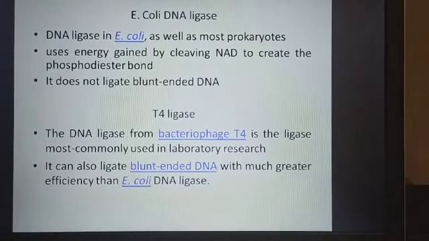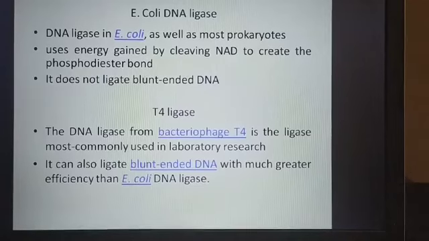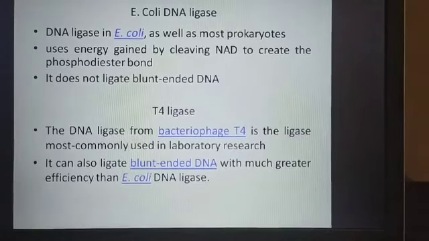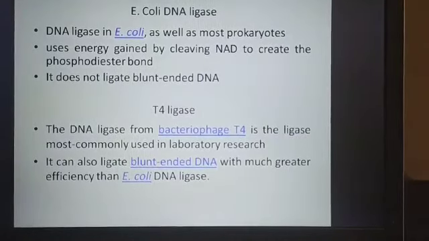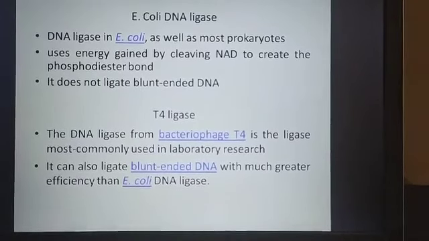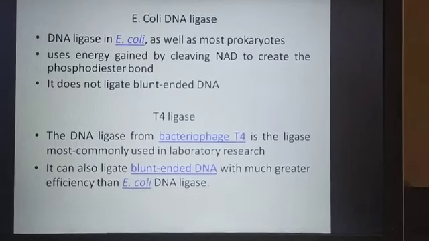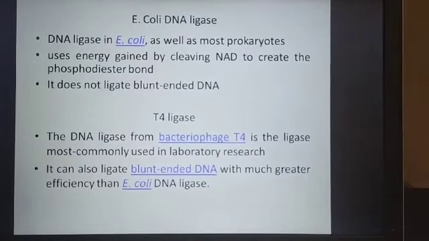Now for recombinant DNA technology, we are using two types of ligases, the E. coli DNA ligase as well as the T4 ligase. E. coli DNA ligase is obtained from E. coli; many other prokaryotes also contain this, and you can isolate this enzyme from them, but usually it is isolated from E. coli. In E. coli DNA ligase, the cofactor is NAD.